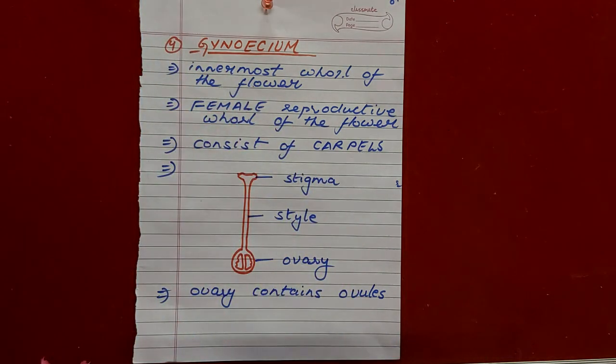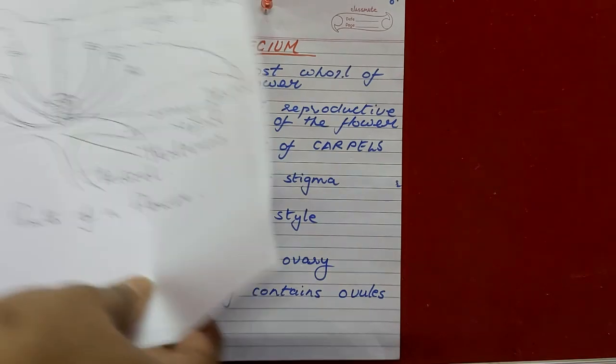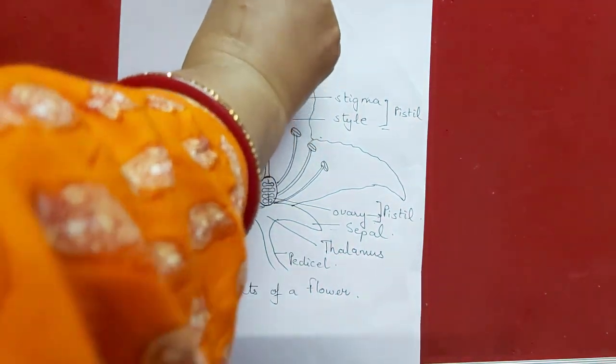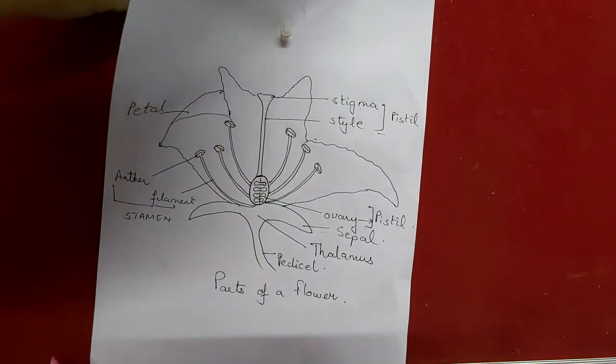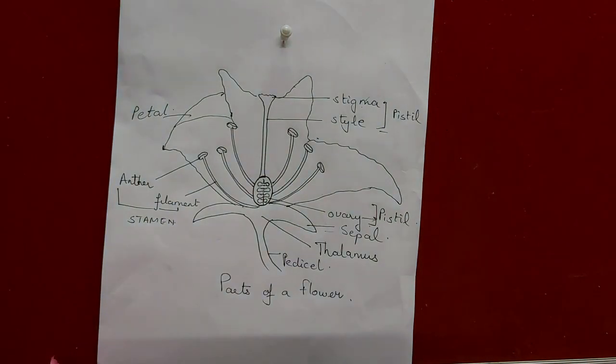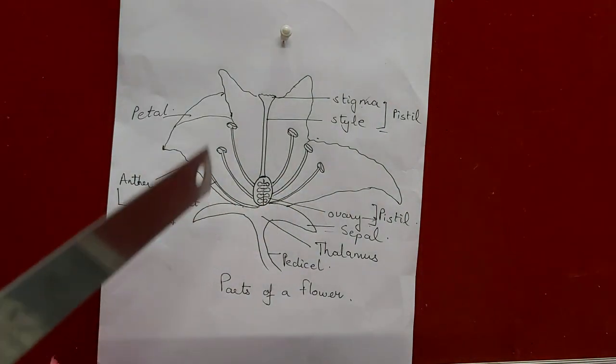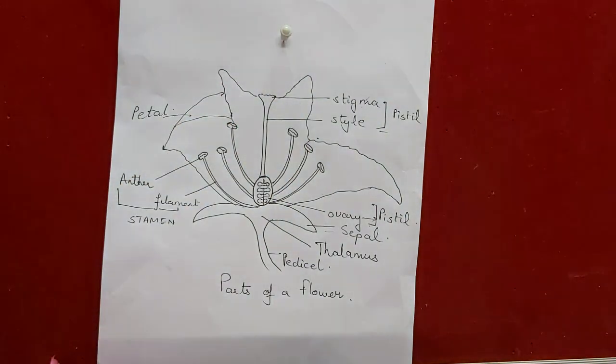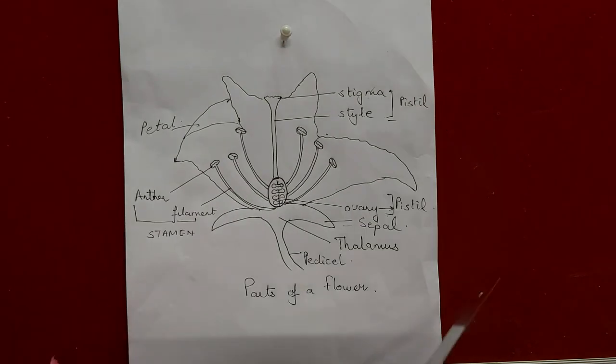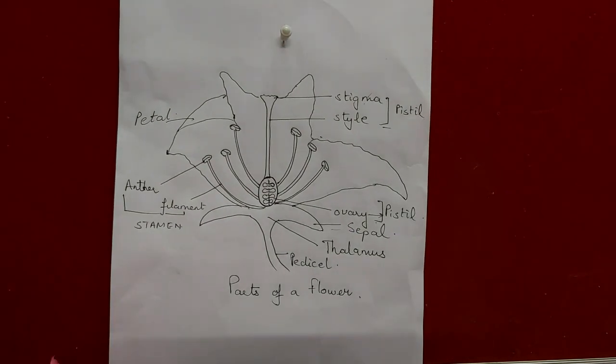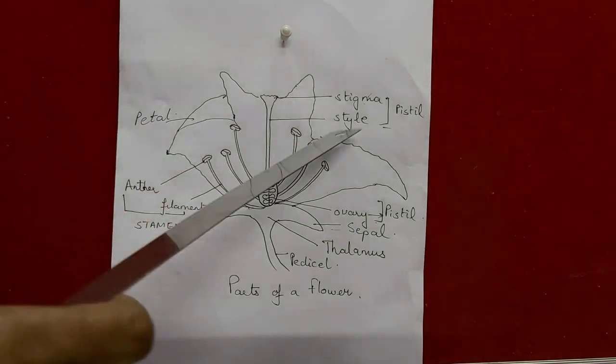One thing you all must know, that there are two types of whorls. One is called the essential whorls, and the other is called the non-essential whorls. Androecium and gynoecium.